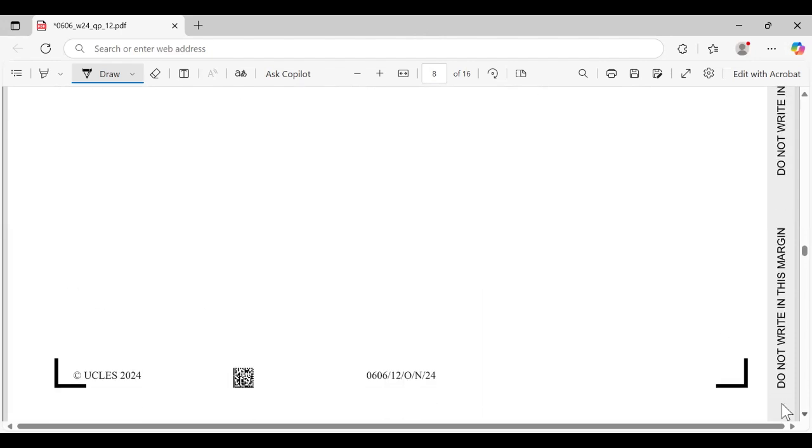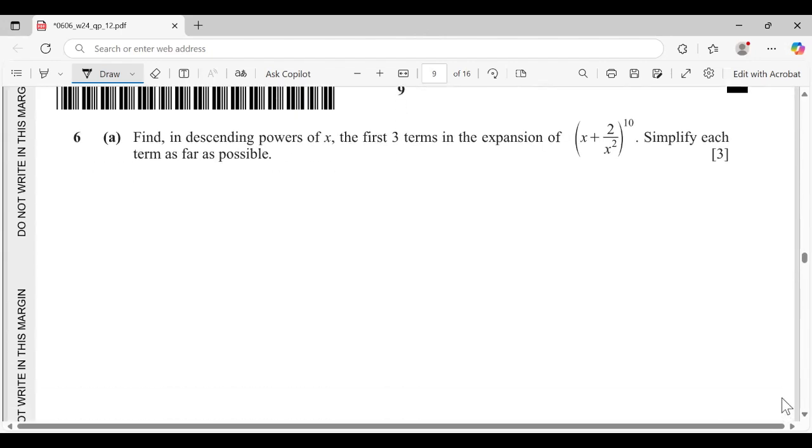Next question. Number 6a. Find in descending powers of x the first three terms in the expansion of (x plus 2 over x squared) to the power 10. Simplify each term as far as possible.